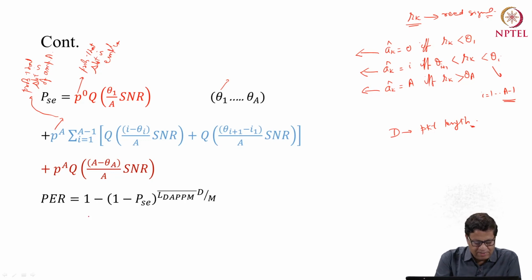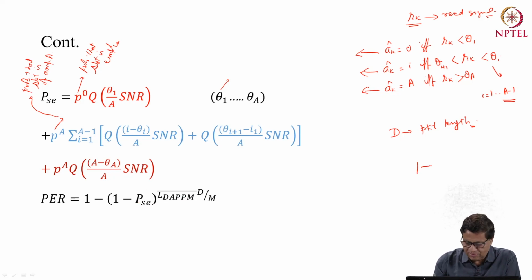So this is the packet length. So the packet error rate will be given by 1 minus P_SC raised to the power of the average value of chips in the symbol into the packet length divided by M. So we can use some approximation formula. P_SC is very small, so this power can come down.